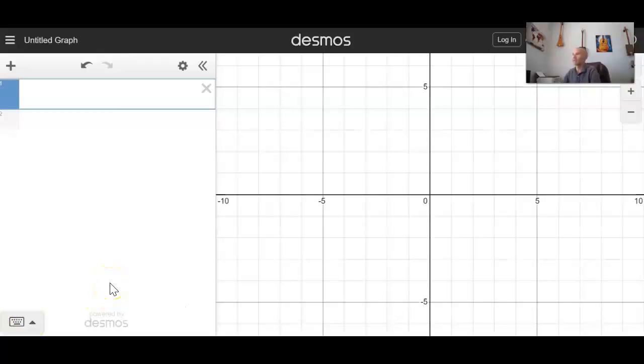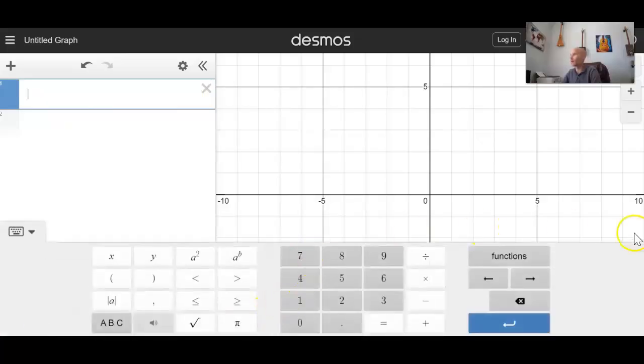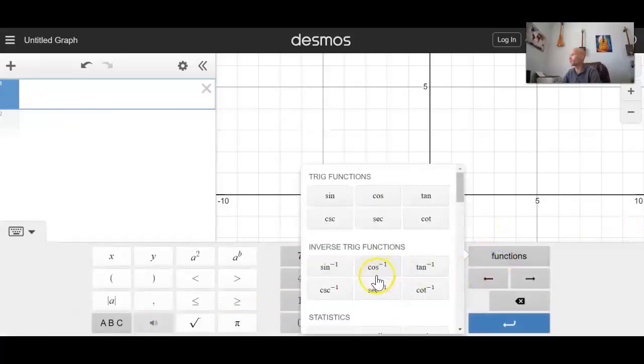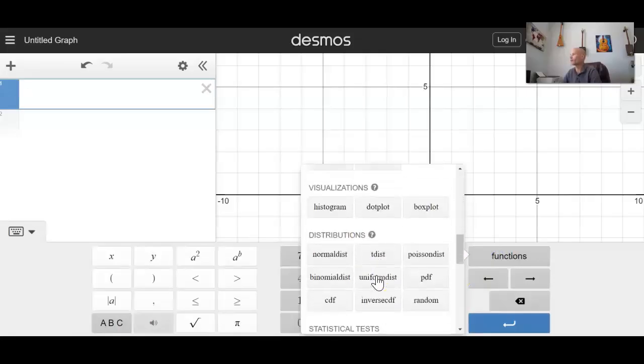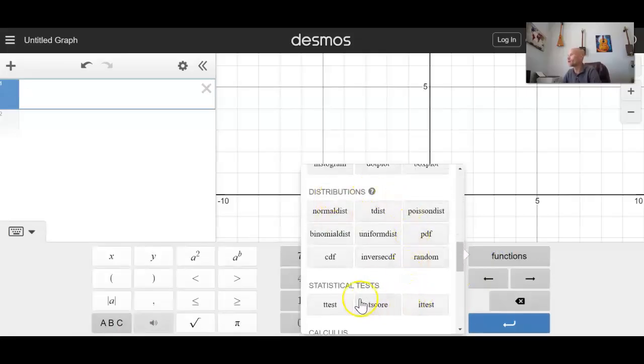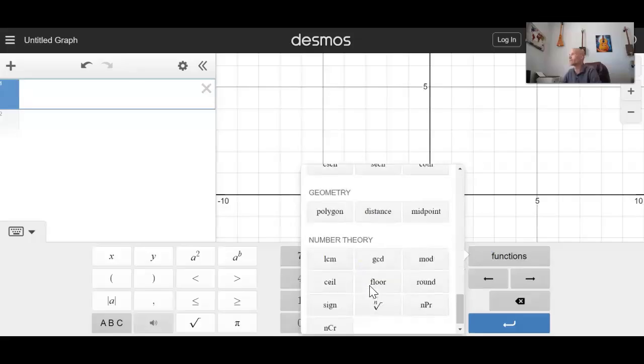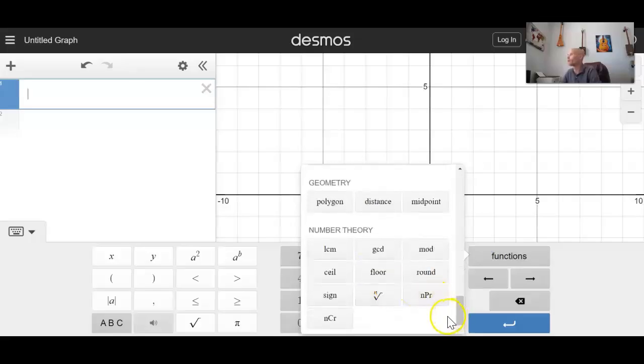So here I am in desmos.com/calculator, and it seems like all this can do is some graphing for us, but there's actually this little extended keyboard here, and if you click the keypad, click on functions, scroll down a ways until you get to, let's see, beyond calculus, we want the number theory segment, and you can see that there's a button called nPr and nCr.